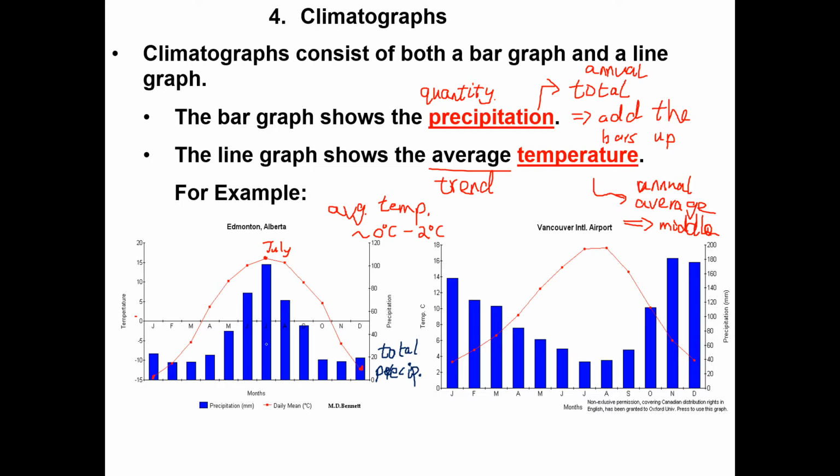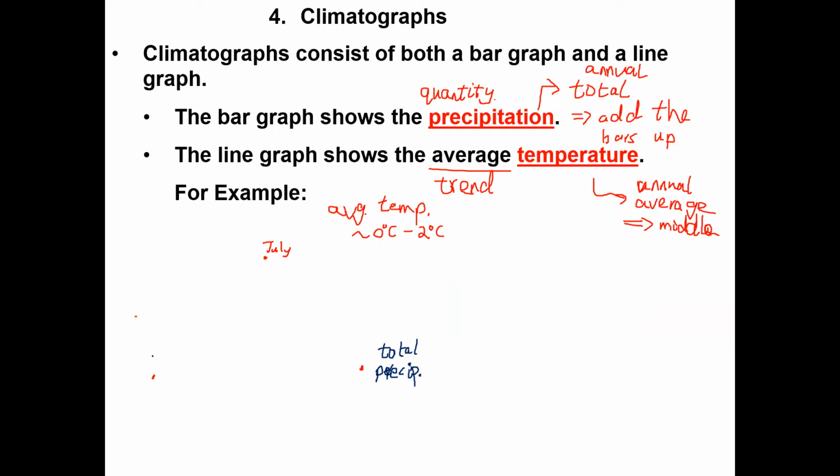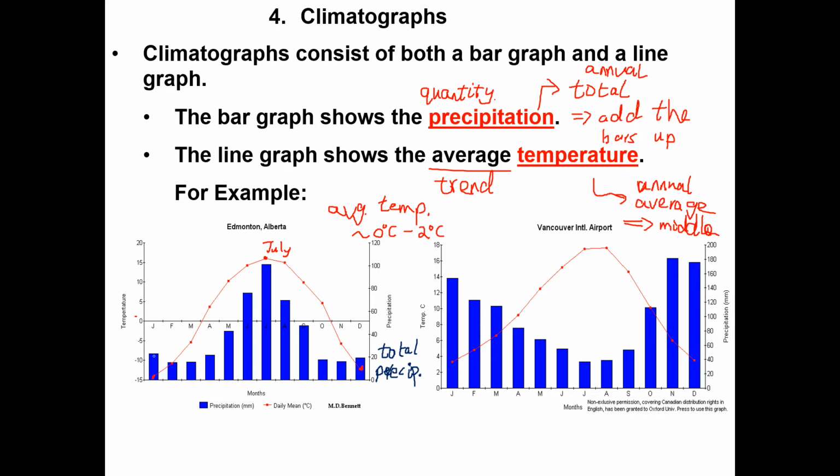Well, how do we do that? Of course, one way is to figure out how tall each bar is, then we add them up. That's one way. If you know the values, it would be very easy. Sometimes when we do data we do, but in this case, we do not. So maybe we want to find a different way.